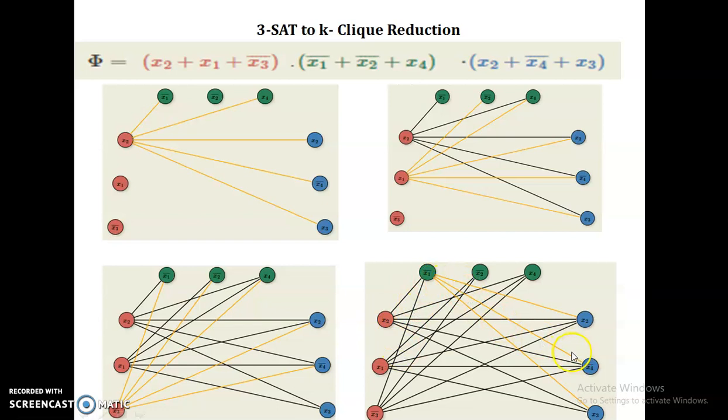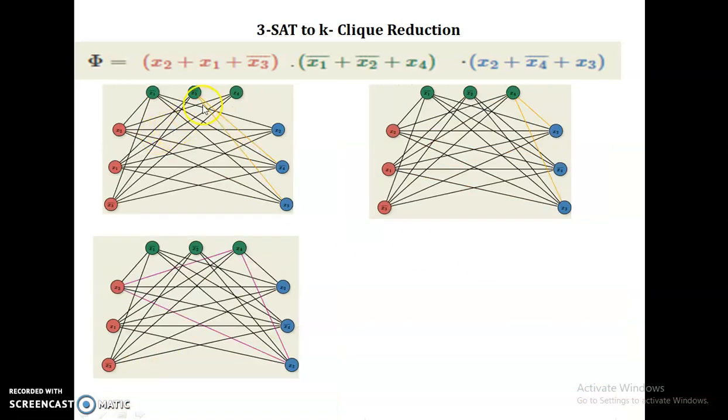So we have to draw edges for class 2 to class 3 variables only. So x1 bar will be connected with x2, x4 bar and x3. When you are taking x2 bar, from x2 bar we can connect only to x3 and x4 bar. It is not connected to x2. And similarly from x4 we are connecting to x2 and x3, and x4 bar is not connected.